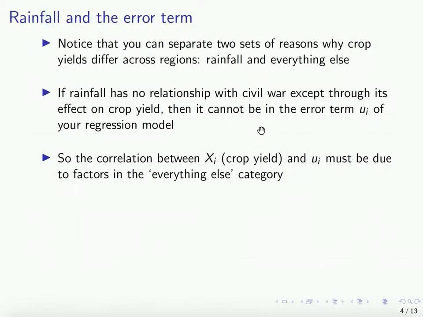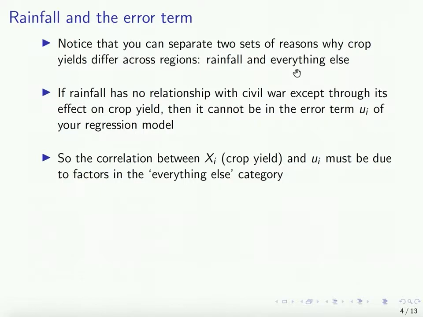If you have some sort of omitted variable bias here, it has to come from, again, technological differences across regions. Maybe regions that have higher levels of technological advancement also have higher levels of technology in war, and that makes them more likely to go to war, or the opposite.